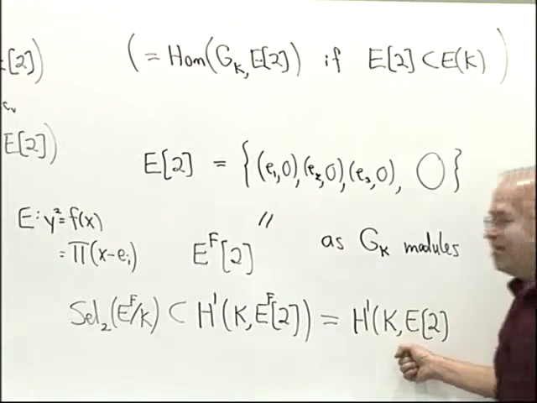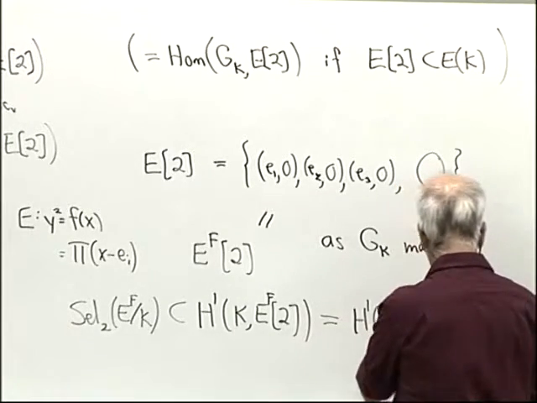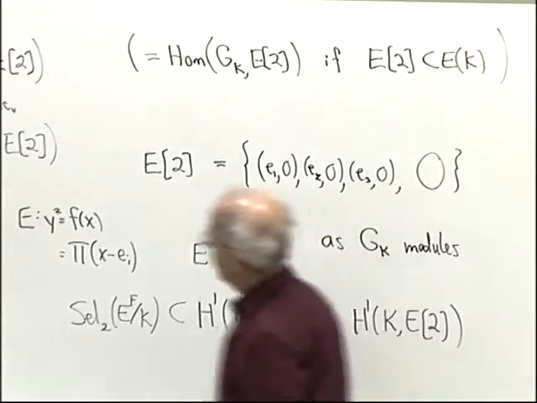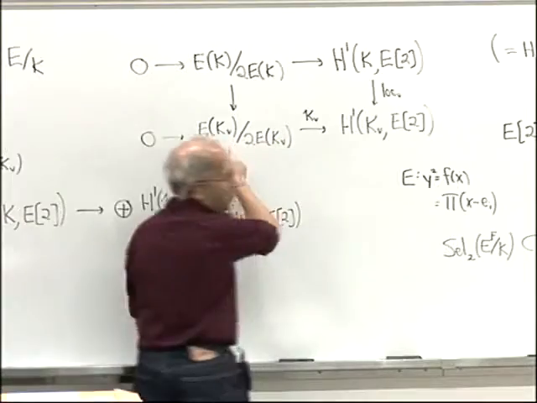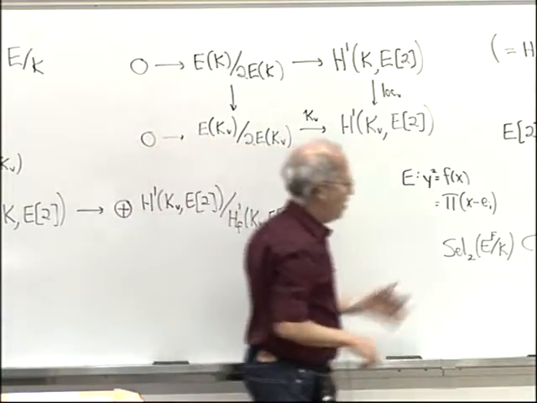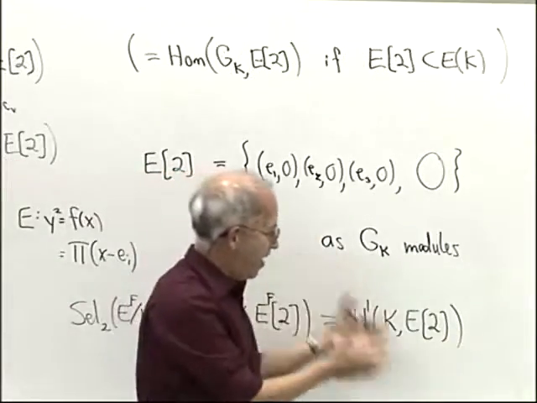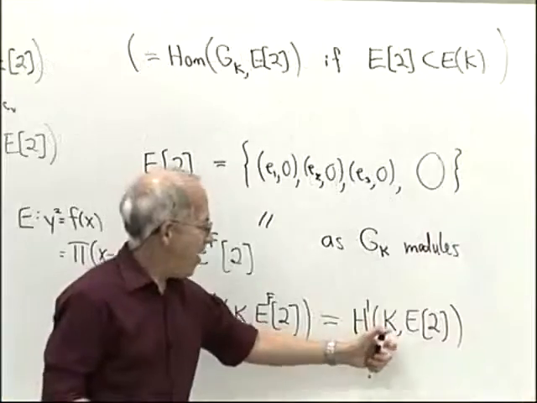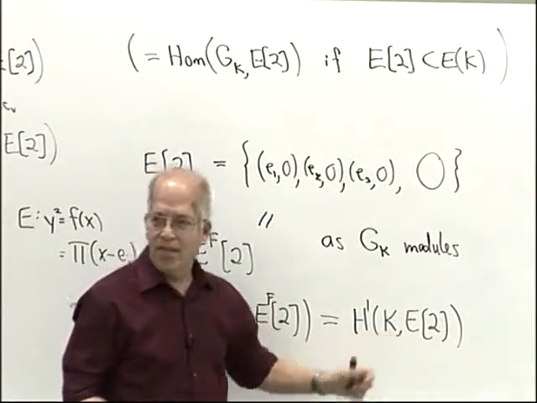So for all these different F's, these Selmer groups all live in this same cohomology group, and all that's different are the local conditions that define them. So we're looking at cohomology classes satisfying certain local conditions. The local conditions vary, but the fact that we can look at them all in here is going to let us compare them.